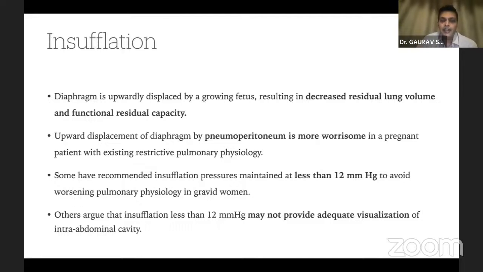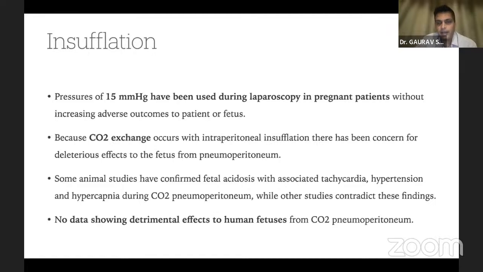So we try to keep it as low as possible, but we also don't want to reduce it to such an extent that we cannot visualize the pathology and cannot manage the cyst or any other pelvic pathology in pregnancy, because anyway, the vision is already compromised because of the large gravid uterus. So pressures of 15 millimeters of mercury have also been used safely, and they haven't been shown to have any adverse outcomes as far as literature is concerned.